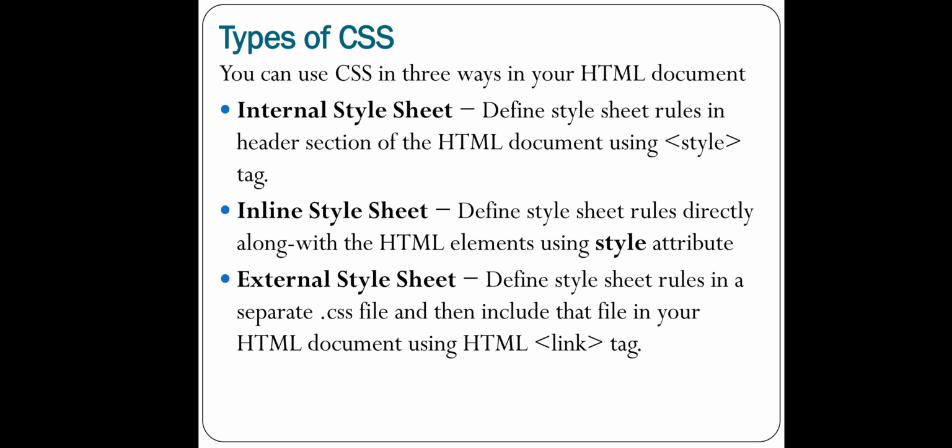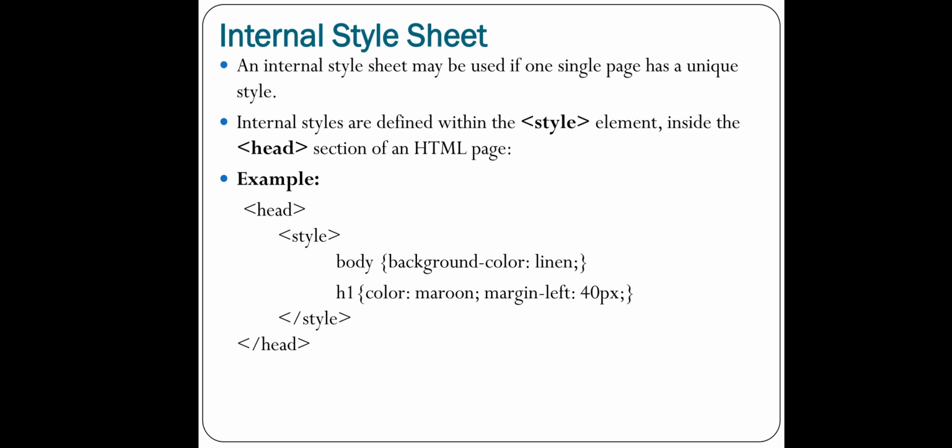So let us move and start with the first type, that is the internal style sheet. So this slide contains what? The internal style sheet. Now as earlier we had discussed that there are three ways to include CSS in our HTML document, right?